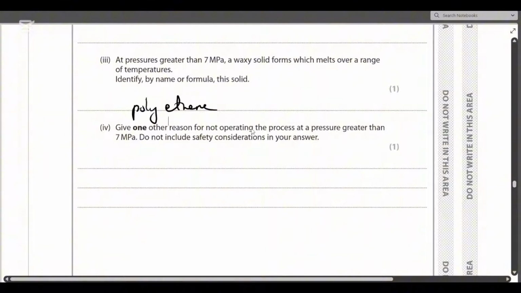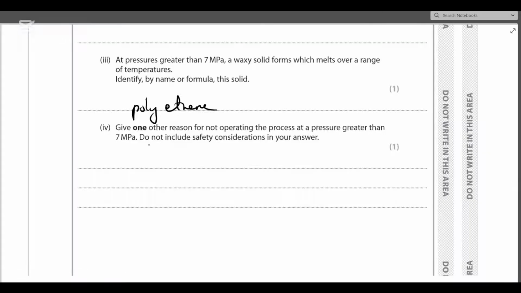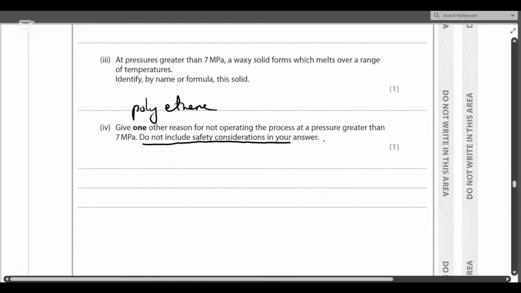Now give one other reason for not operating the process at a pressure greater than 7 megapascal. You're also told not to include safety considerations in your answers.